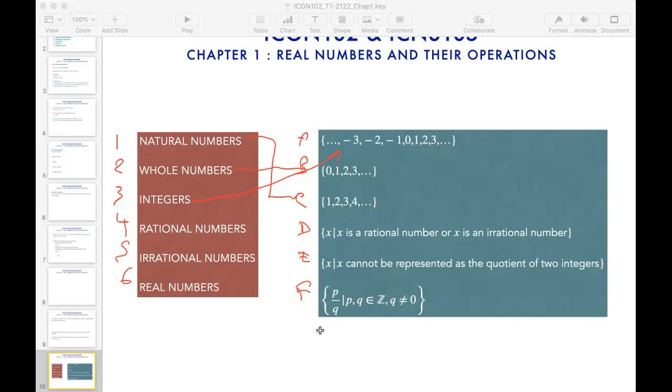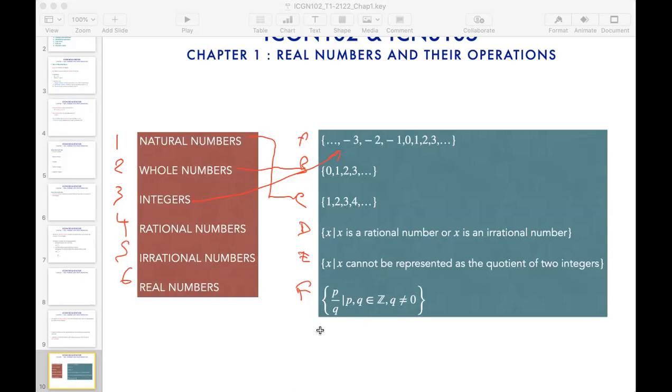When we talk about a set of rational numbers, it is opposite to irrational numbers. Rational numbers are numbers that you can make into two integers divided by each other as a fraction. So it said x is an irrational number. What should be the correct answer? The answer is F.